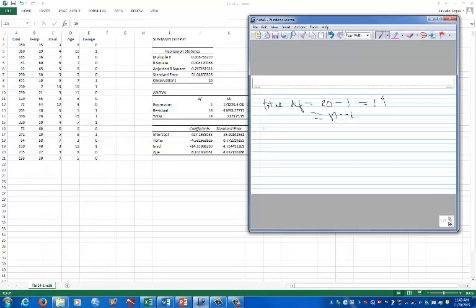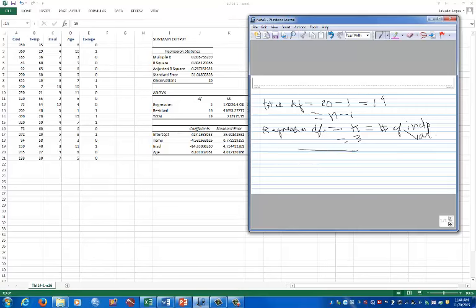And the regression degrees of freedom is always equal to k, which is the number of independent variables. In this case, it's 3 independent variables, temperature, insolation, and age. So that is equal to 3.